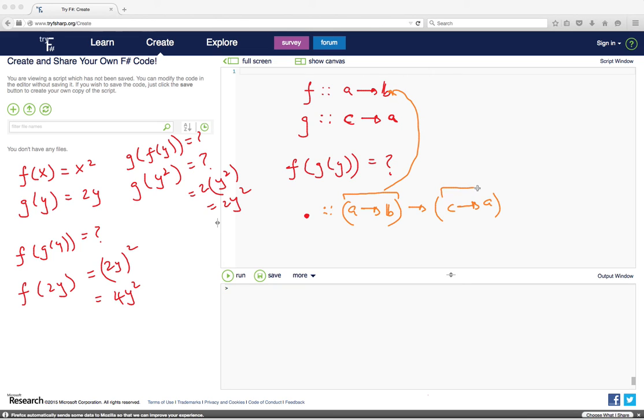You can think of the first function as my function f, and the second function as my function g. And in turn, it gives you this new function that goes from a c to a b. This is what function composition actually is. It consumes these two functions to give you back a new function.